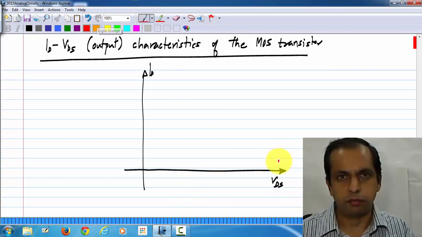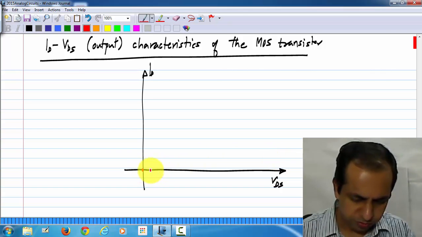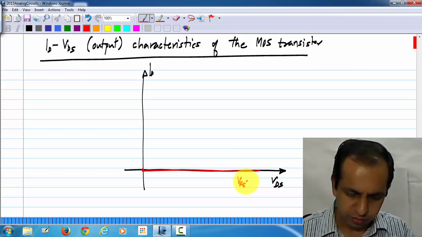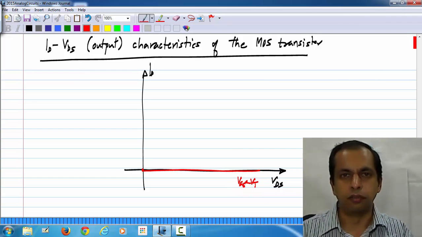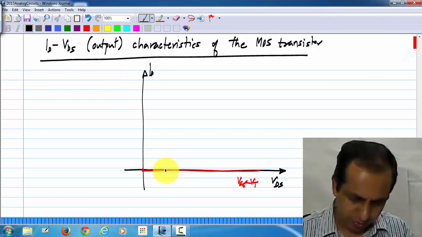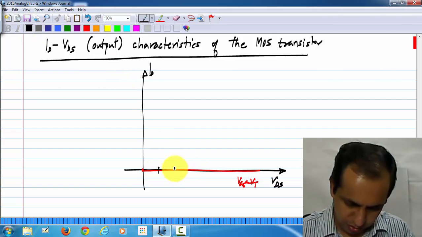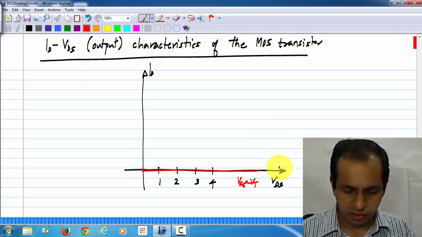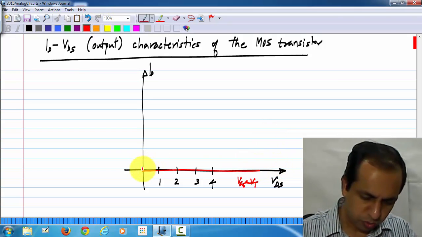We had a family of curves for different values of VGS, and of course, for VGS less than VT, the current would be 0, and for let us say VGS of 2 volts.